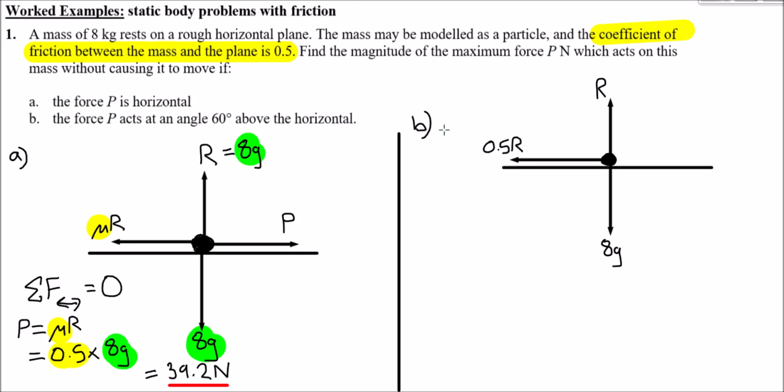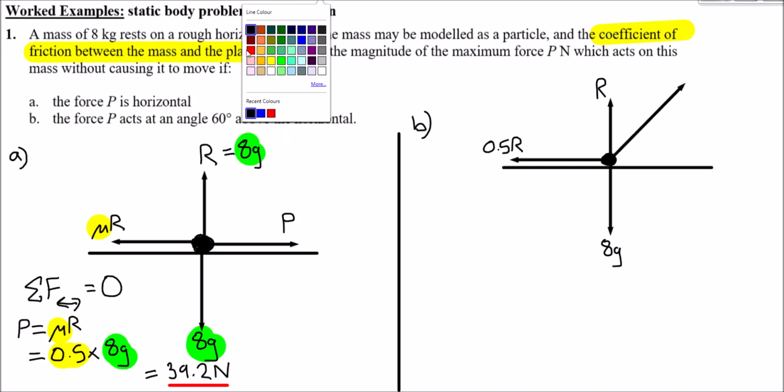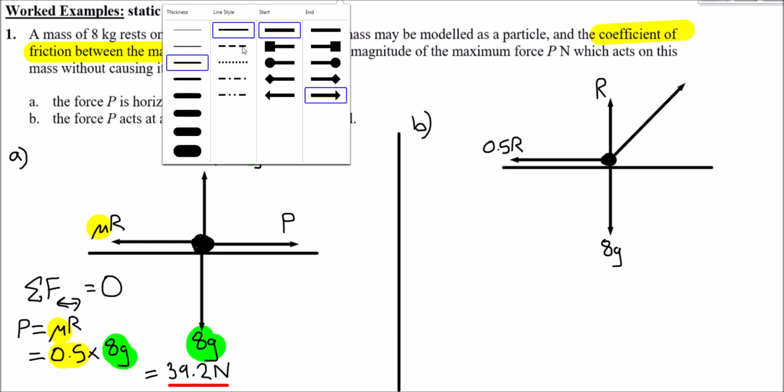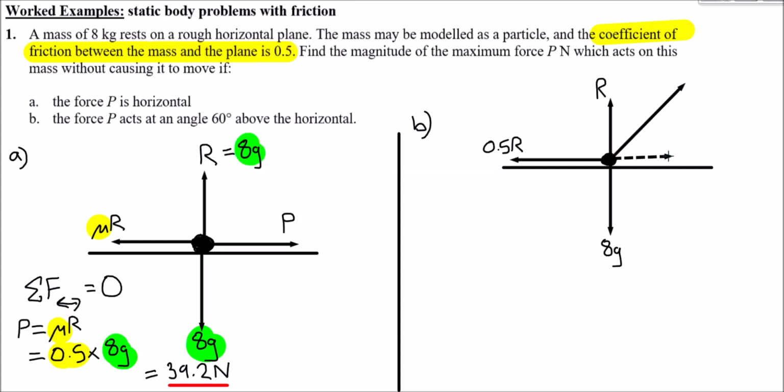And then this force acting at an angle of 60 degrees, like so, will have a component which is both vertical and horizontal. Like so. So P going up, if it's acting at 60 degrees to the horizontal, this angle here must be 60 degrees.